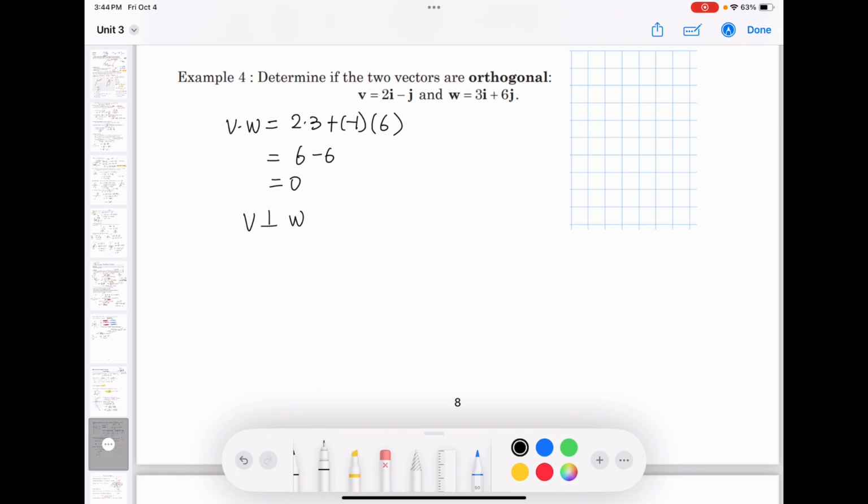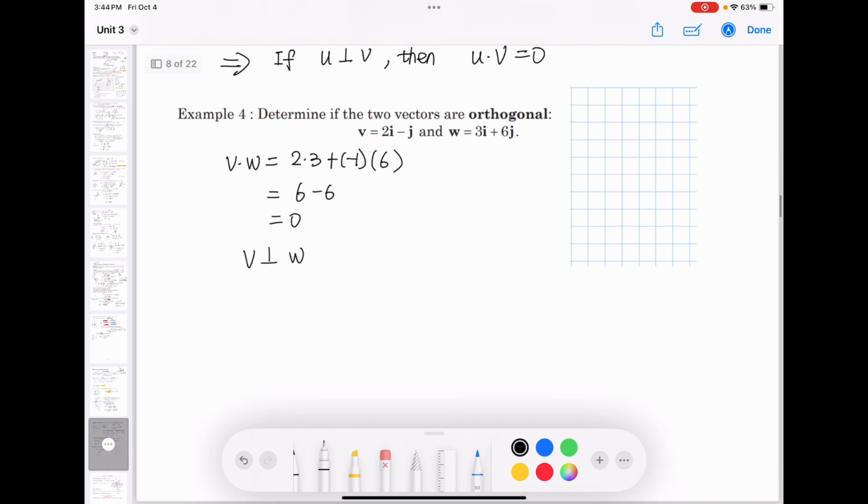I can also verify from the xy plane. Let's find the vector 2i minus j, vector v, and vector w. This is my x-axis.